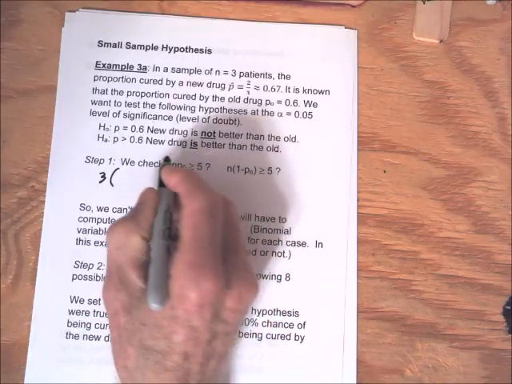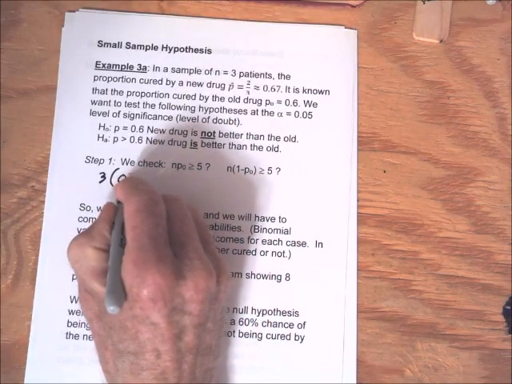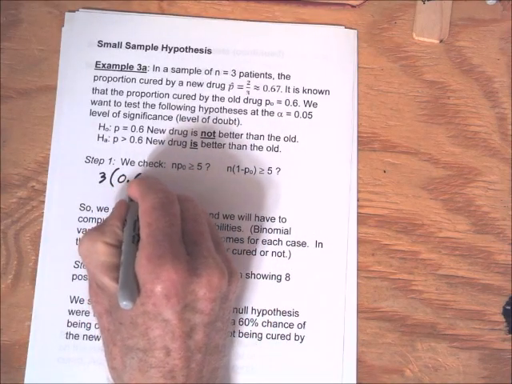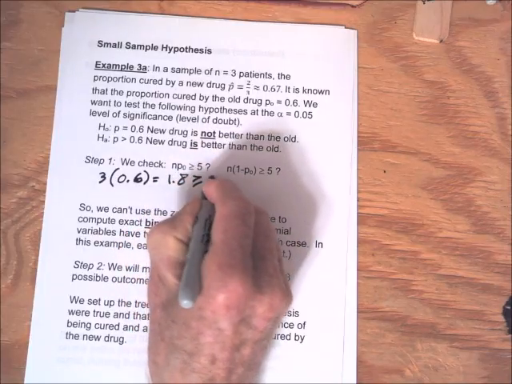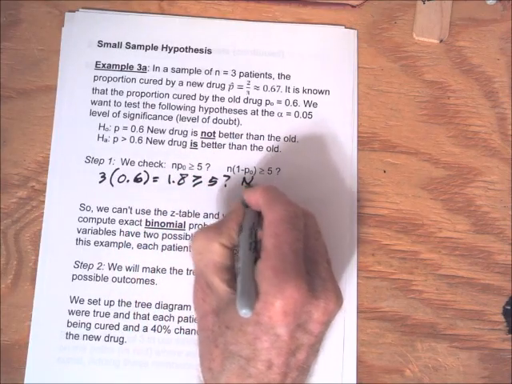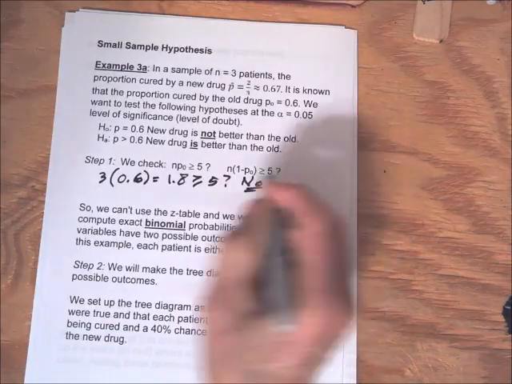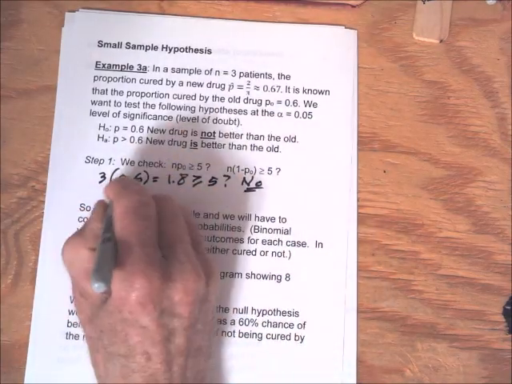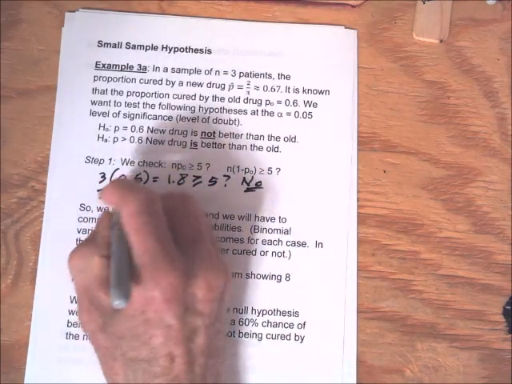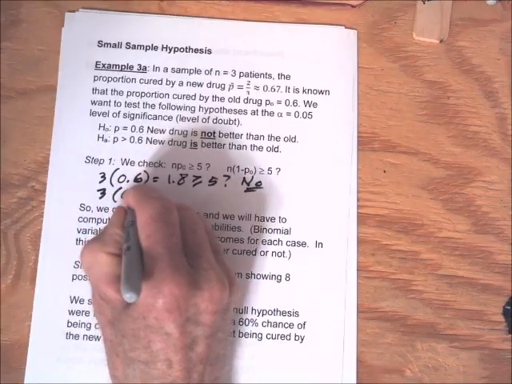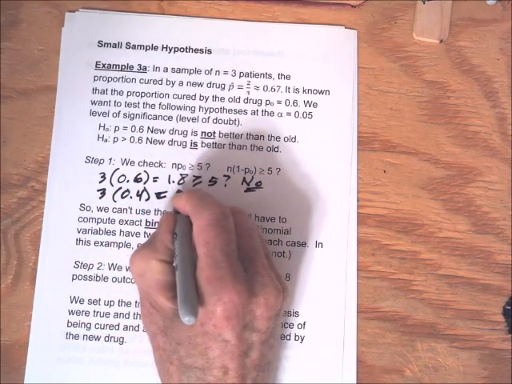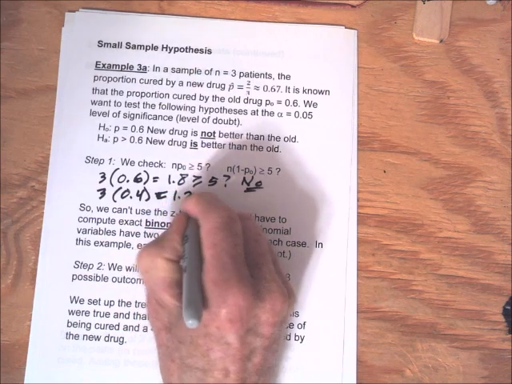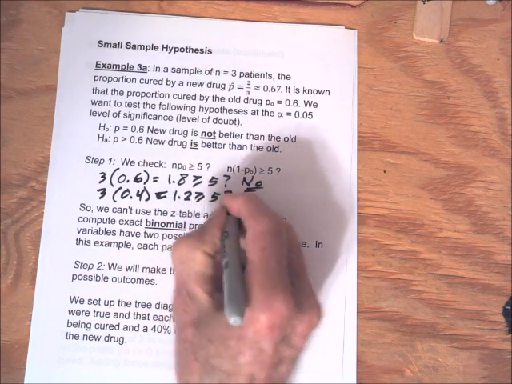P0, the null value, the value of p if H naught is true, is 0.6. 3 times 0.6 is 1.8, and that's not bigger than 5. 3 times 1 minus p0, 1 minus 0.6 is 0.4, and 3 times 0.4 is 1.2, and that's also not greater than 5.